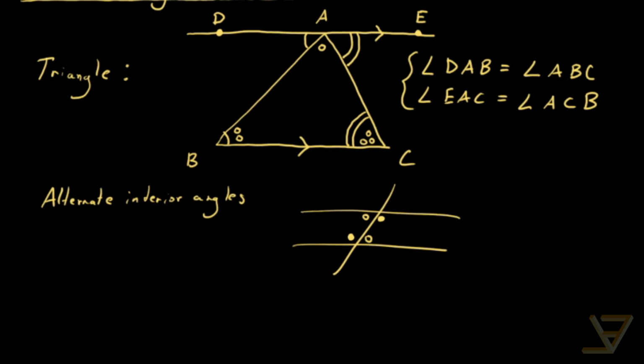Now what I want you to notice is this. We can do a substitution. We're trying to find angle ABC plus angle ACB plus angle BAC, right? So ABC is this one, ACB is this one, and BAC is this one.